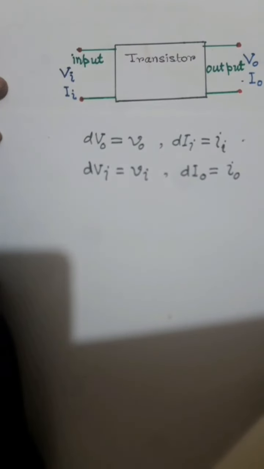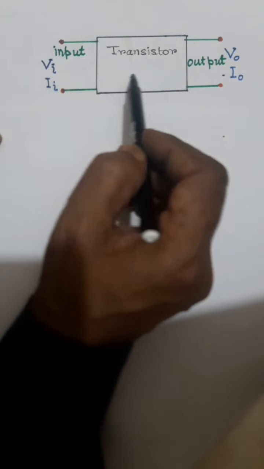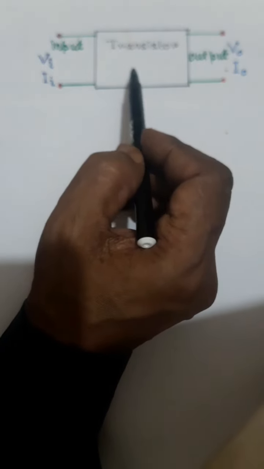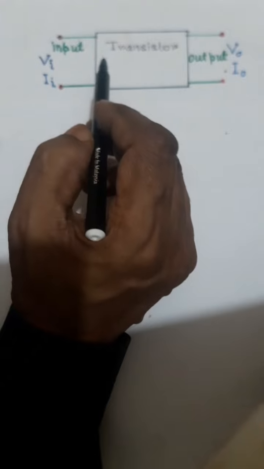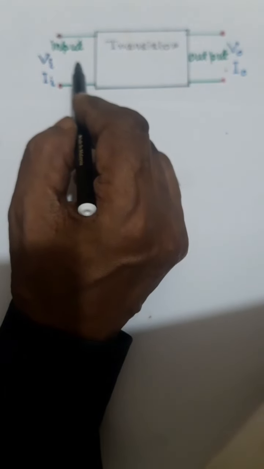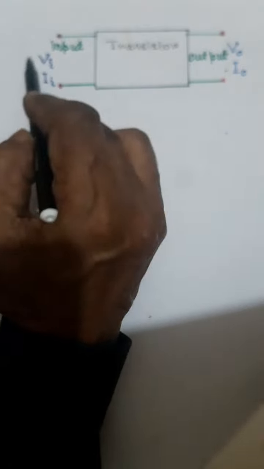Dear learners, the present topic is transistor impedance parameters. A transistor is a three-terminal device. It makes four terminals, an input circuit and an output circuit, as shown in the figure.